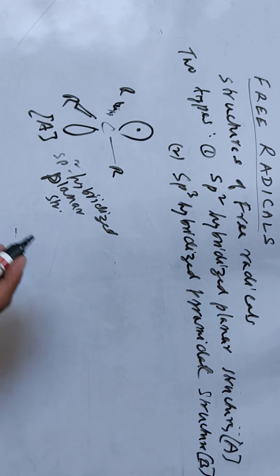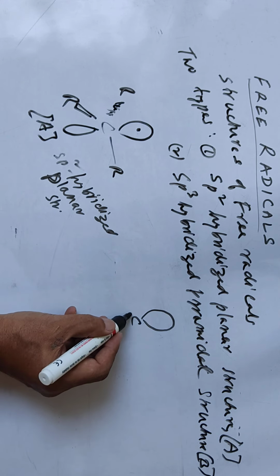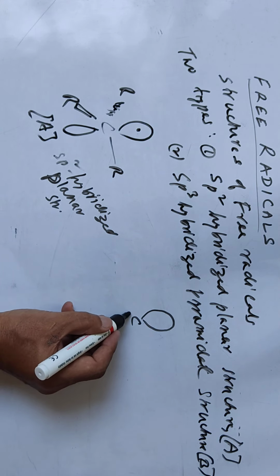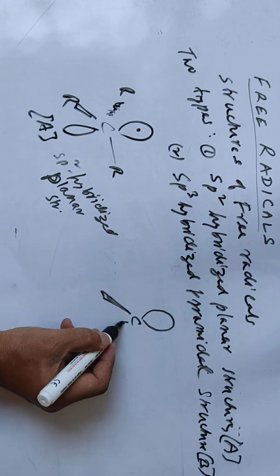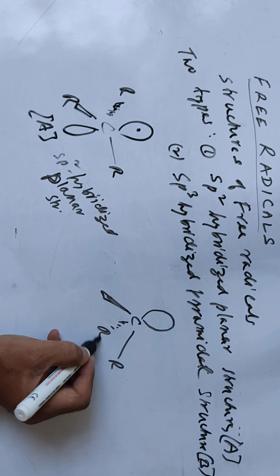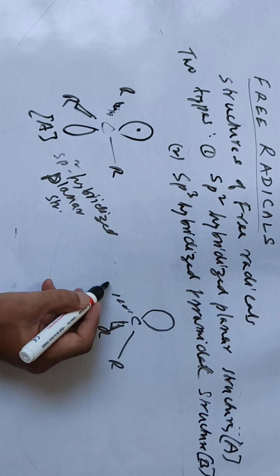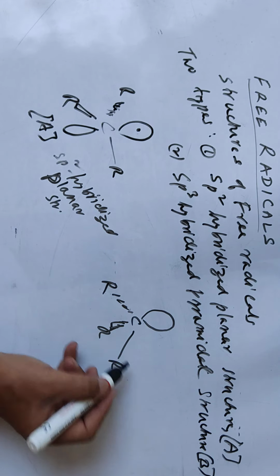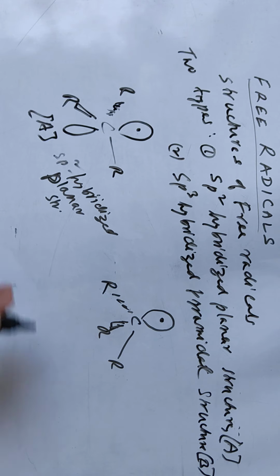Another one can have this form, which is sp3. We can have R, R, and R, and the electron occupies this position.